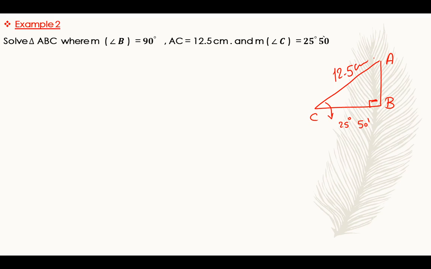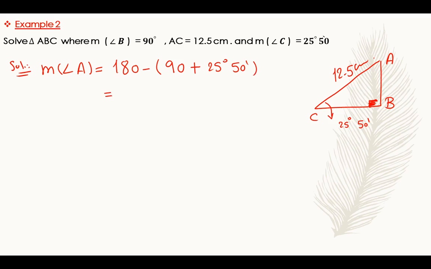Now, in this triangle, we have the measures of two angles, B and C. So simply we can find the measure of angle A. The measure of angle A will be equal to 180 degrees minus 90 plus 25 degrees and 50 minutes. Okay?